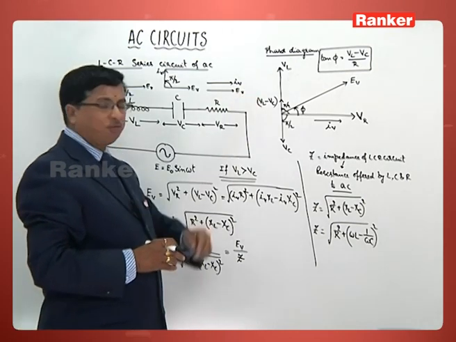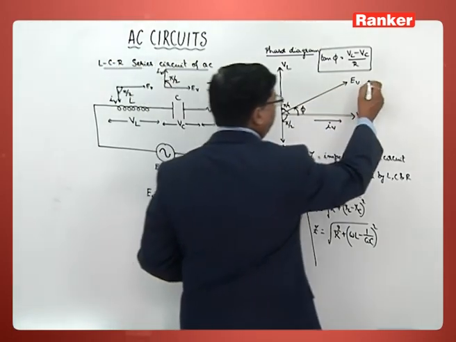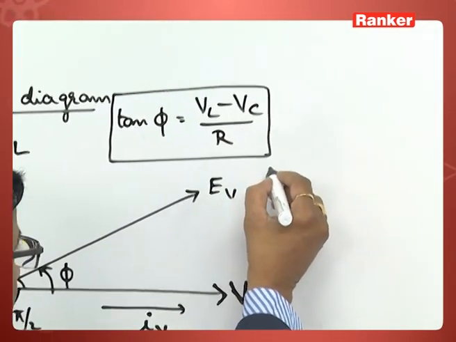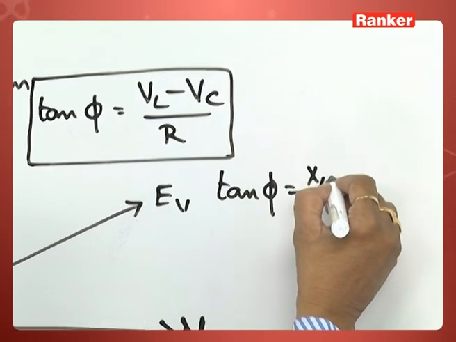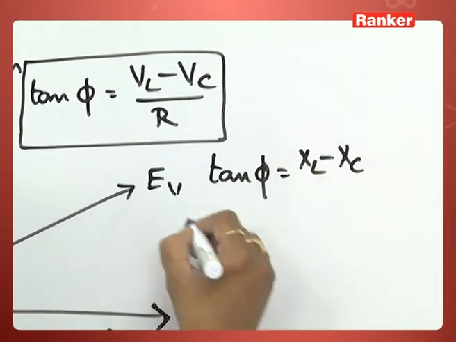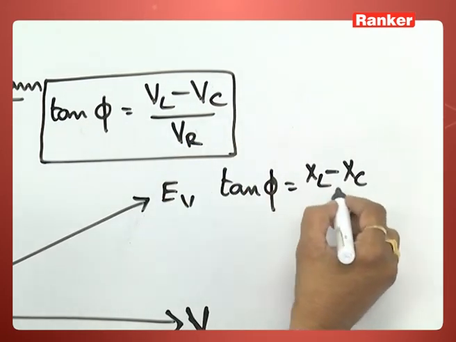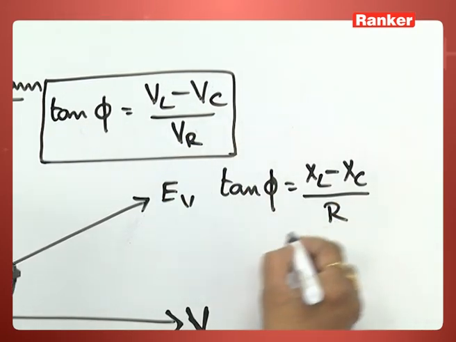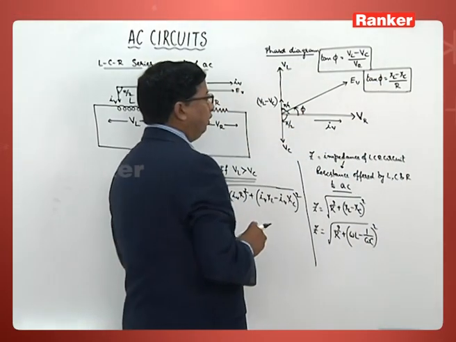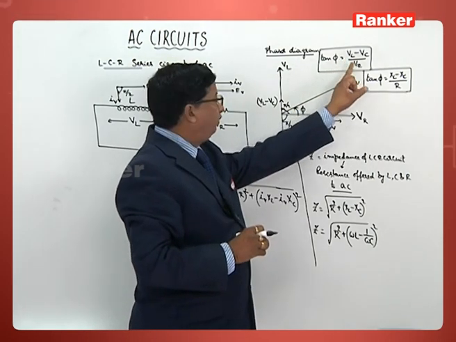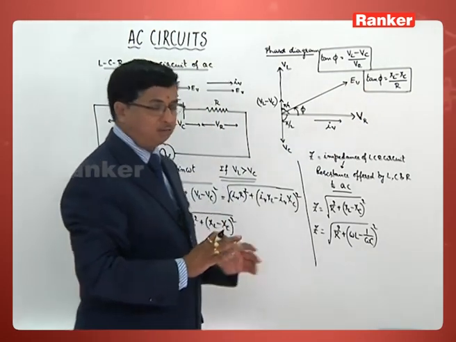Now tan phi, when it is VL minus VC divided by R, we can even rewrite the same equation this way. This tan phi is equal to VL minus VC by VR. Now XL minus XC by R we can write like this. So either we can write VL minus VC by VR or XL minus XC by R.